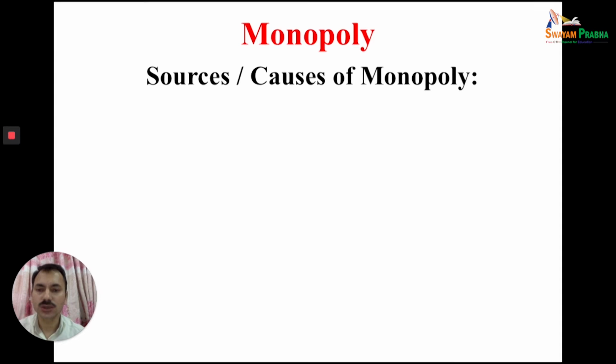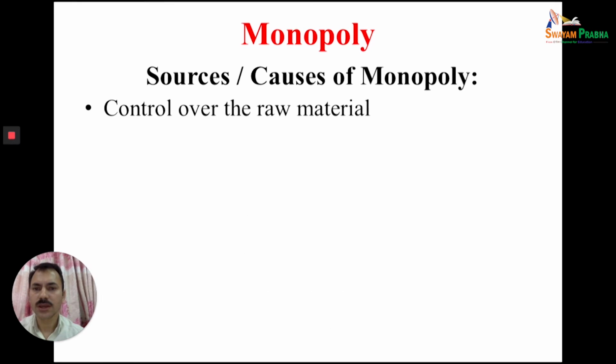Now, what are the sources, what are the causes of monopoly? This is very, very important. Why does monopoly exist? Control over the raw material. If a producer has full control over the raw material or any product, definitely that firm will become the monopolist in the market.